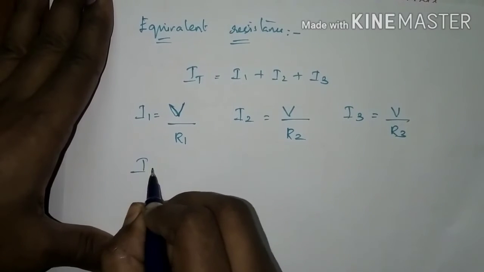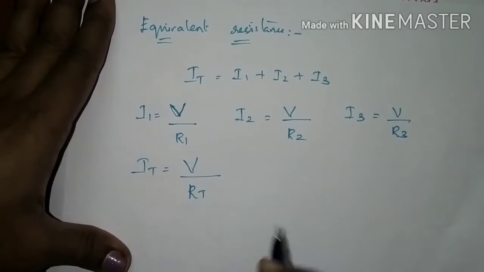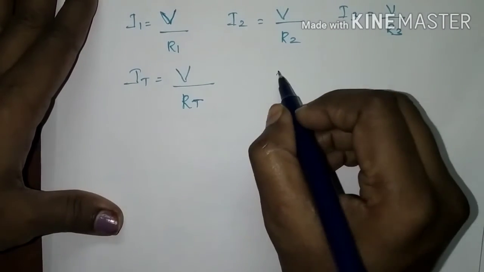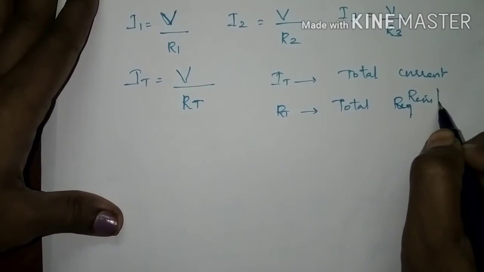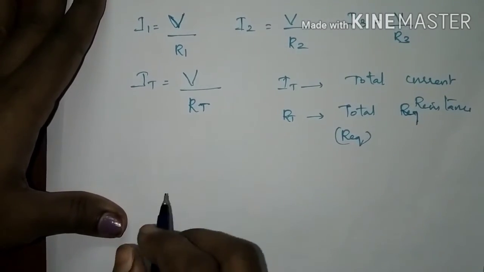And the total current can be given by the total input supply divided by the total resistance, where IT is the total current and RT is the total resistance, also called R equivalent.